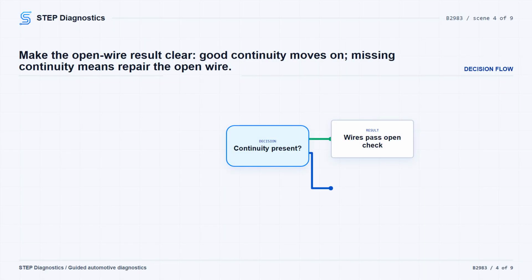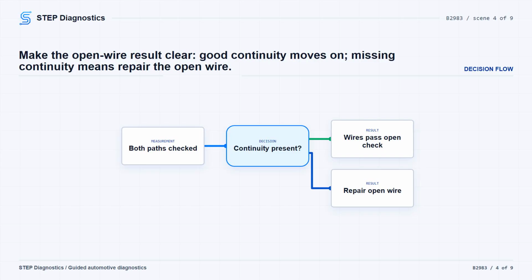Then check continuity on the F/RMTR REC/REC circuit from climate control unit 32P connector No. 8, the ORN wire, to recirculation control motor 7P connector No. 7, the ORN wire. If both paths have continuity, those wires pass the open circuit check and you move on.